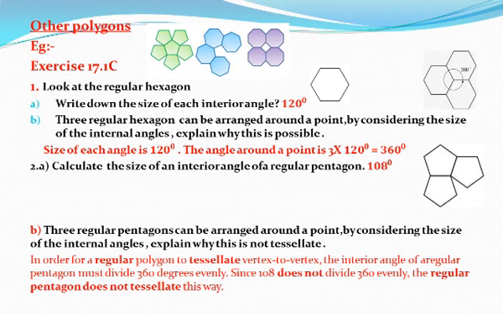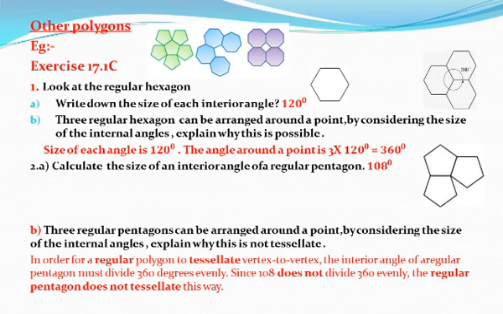By considering the size of the internal angles, explain why this is possible. You know the size of each angle of a regular hexagon is 120 degrees. So the angles around a point are the sum of the three angles. We can write this as 3 multiplied by 120 degrees. It is 360 degrees.